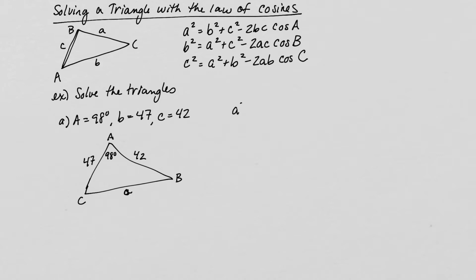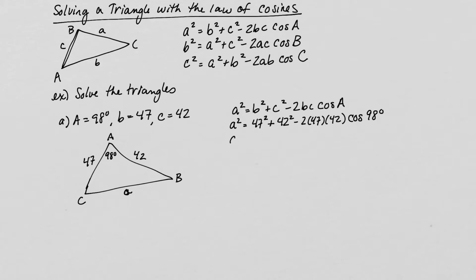So a squared equals b squared plus c squared minus 2bc cosine of A. So in this case, we don't know a squared, but we know b is 47, so 47 squared plus c is 42 squared minus 2 times 47 times 42 times the cosine of 98 degrees.